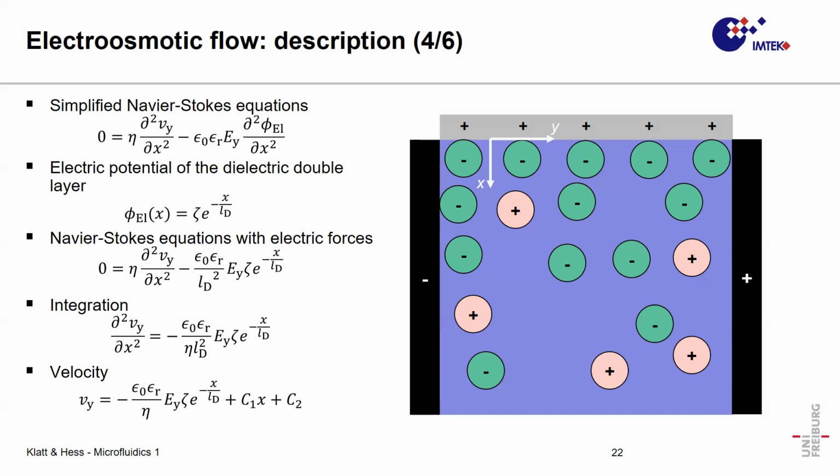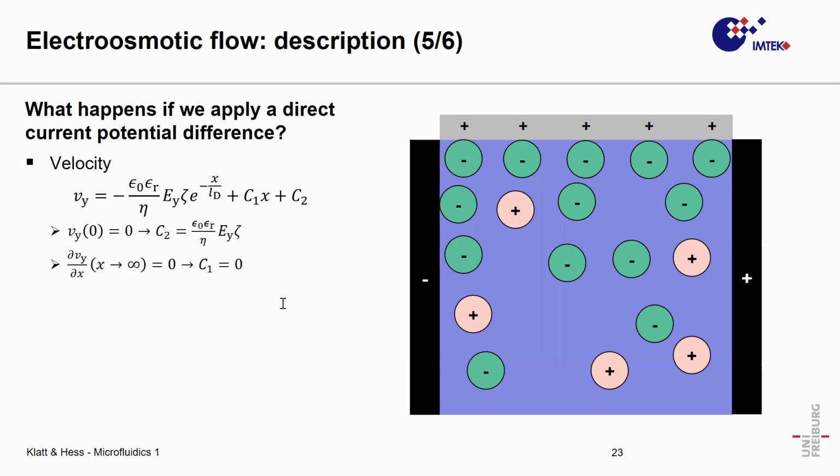So if we want to find out our velocity in y direction, we simply have to integrate it twice with respect to our parameter x. And as it is an exponential function, it doesn't really change, but we get two additional constants due to the two times integration.